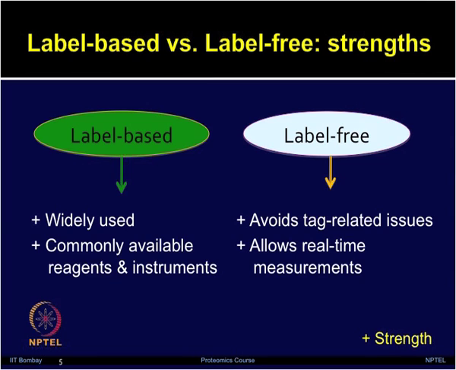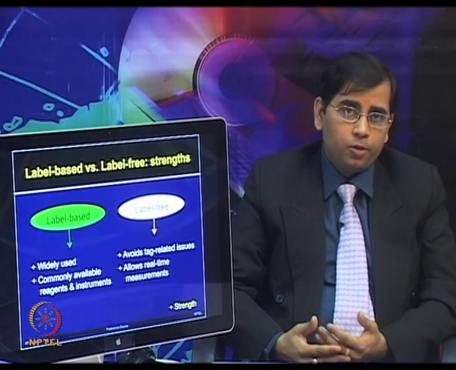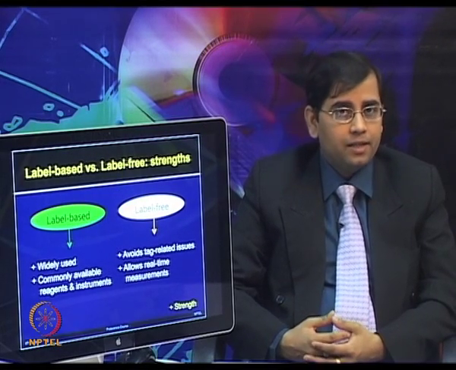So, the instrumentation is still very costly, it is not so easily available, but this method avoids adding any tag related issues. So, that is an advantage over the label-based method. Moreover, it provides measurement in real time and also provides information for the kinetics, which is not exactly possible by most of the label-based methods.